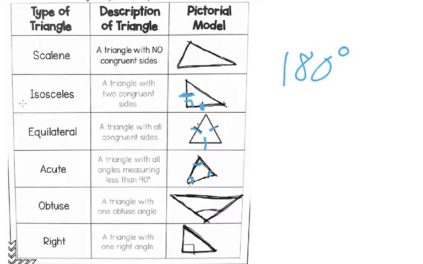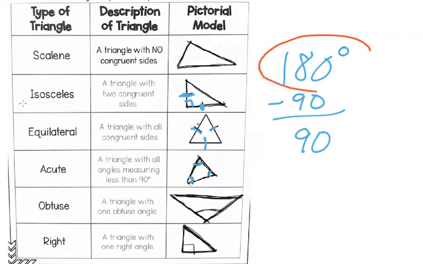So if one of them is greater than 90, 180 minus 90 is 90, right? So two of them cannot be greater than 90 because 90 plus 90 is 180. That would mean the angles would add up to greater than 180, and you can't have that because the angles in a triangle all add up to be 180 degrees. So that's your obtuse triangle.